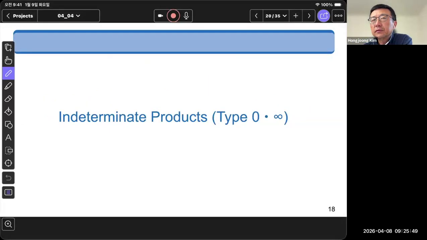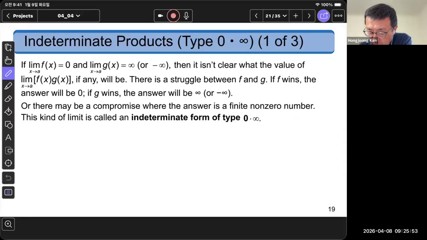if you have a product of two functions, f of x times g of x, and then you want to consider the limit of that product as x approaches a.